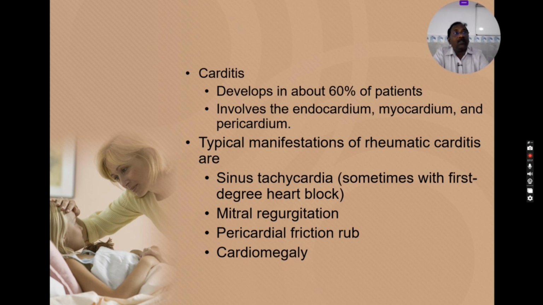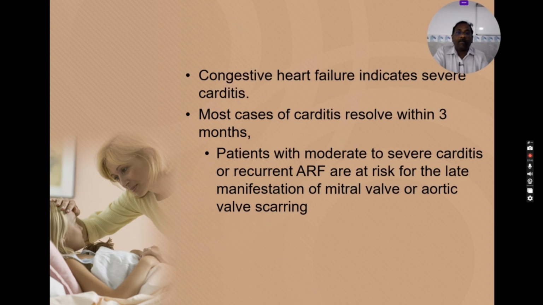So all 3 layers will be involved in acute rheumatic carditis. Typical manifestations are sinus tachycardia, sometimes first degree heart block, mitral regurgitation, pericarditis with rub, and cardiomegaly. Congestive heart failure indicates severe carditis.